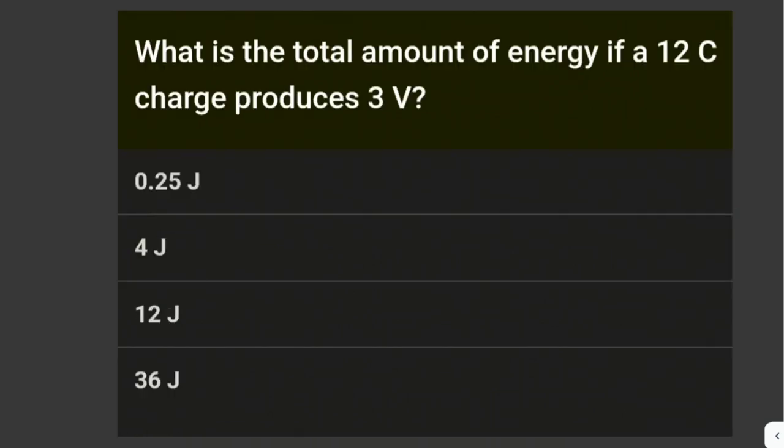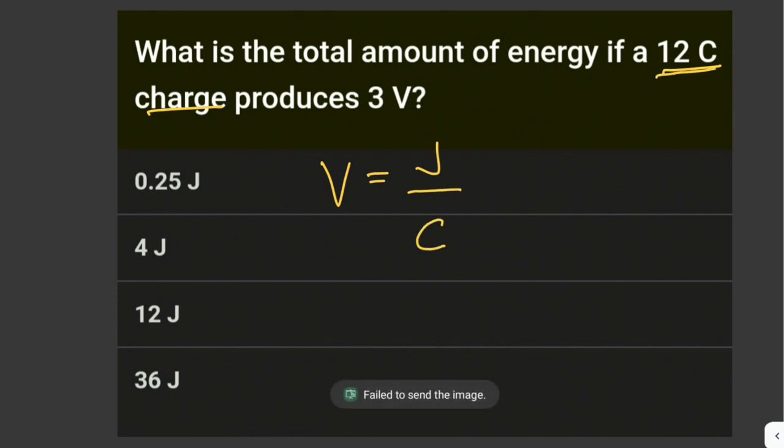What is the total amount of energy if a 12-coulomb charge produces 3 volts? Voltage is defined as 1 joule per coulomb, so voltage equals joule per coulomb. We're given the charge, which is 12 coulombs, and the voltage.